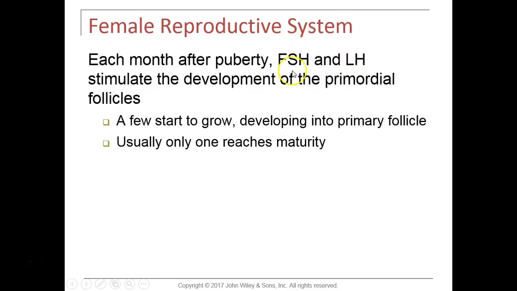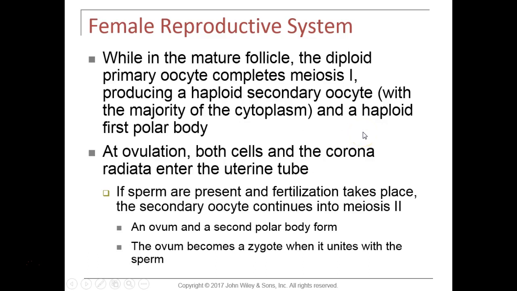So follicle stimulating hormone, as the name implies, stimulates the follicle to develop. So follicle stimulating hormone basically causes for the development of the primordial follicles. Some of those primordial follicles begin to grow and they develop into a primary follicle until that follicle reaches maturity.